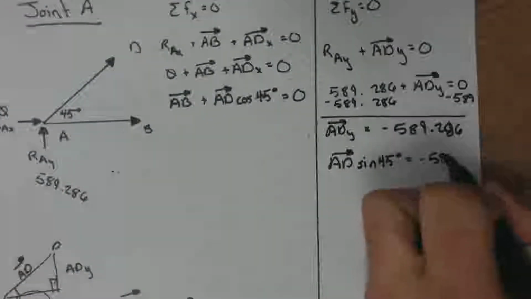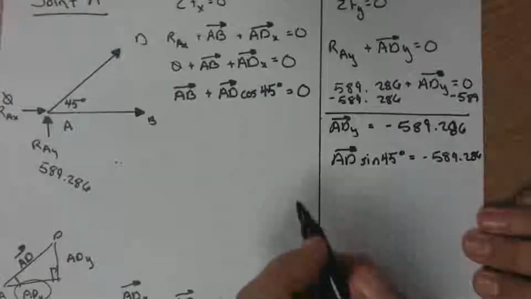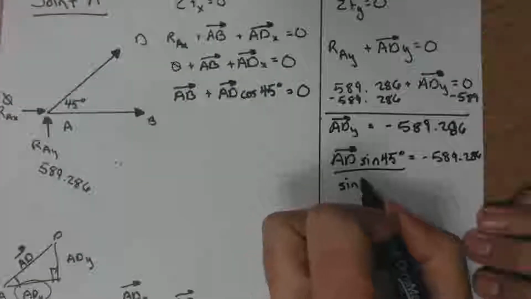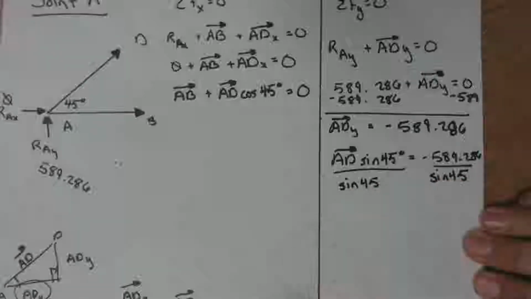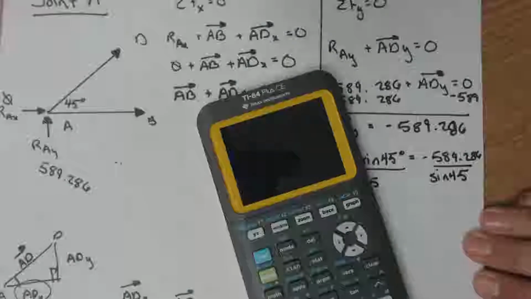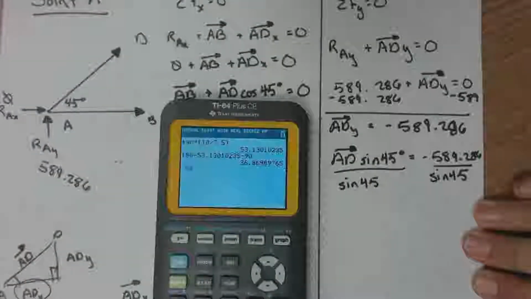And that equals the negative 589.286. I have to divide by my sine 45. So we have a negative 589.286 divided by sine 45.